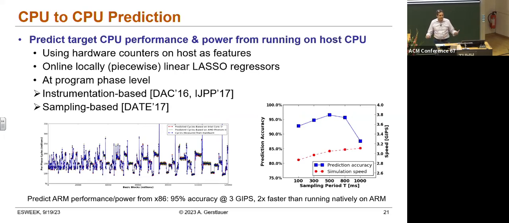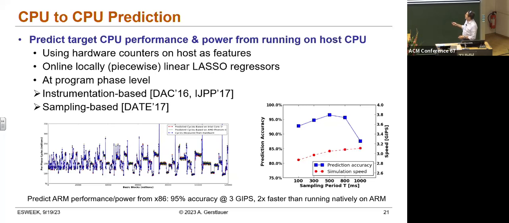There are hardware counters available inside the microarchitecture that give us very detailed insights into how an application runs. We can use these hardware counters on the x86 host as features for the prediction. And then the reference is just target performance and power, ARM performance and power. Again, we train a model, and we need to use relatively lightweight models because we want to be able to train quickly and make fast predictions.